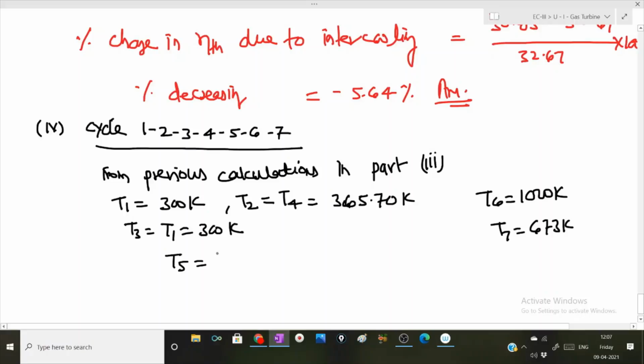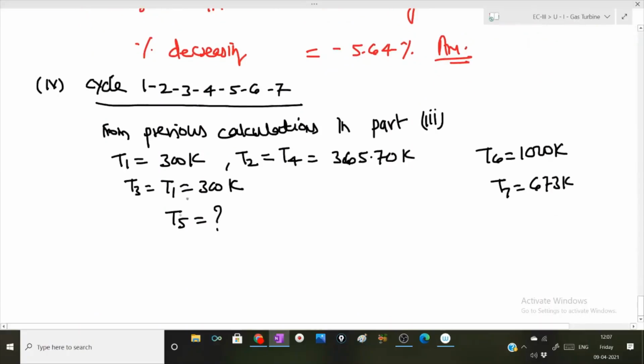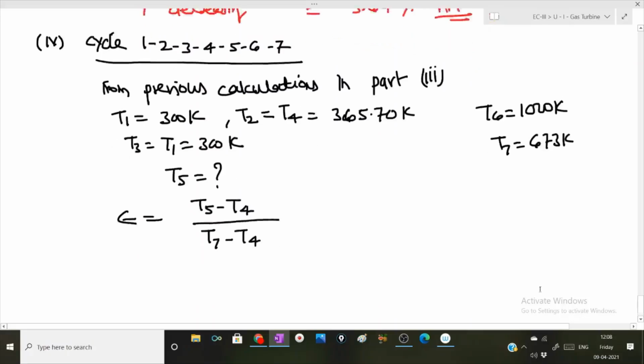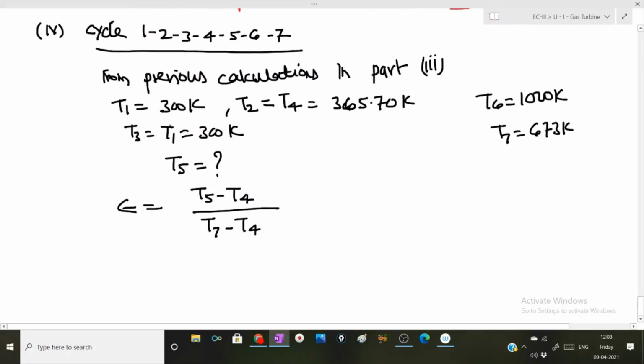Now I want to know what will be T5. So once again, effectiveness of heat exchanger here will be (T5 minus T4) over (T7 minus T4). As it is mentioned in the problem, effectiveness of heat exchanger is 1, so T5 minus T4 equals T7 minus T4.